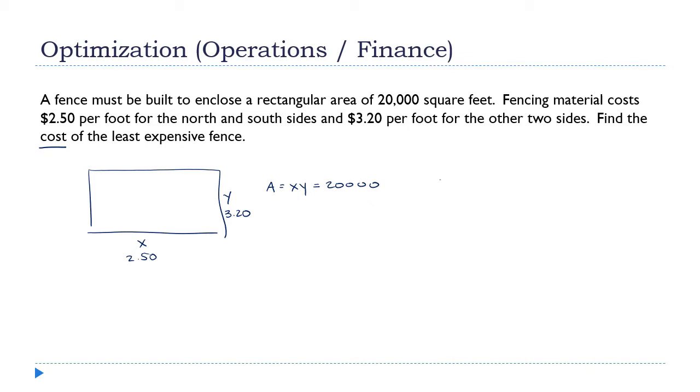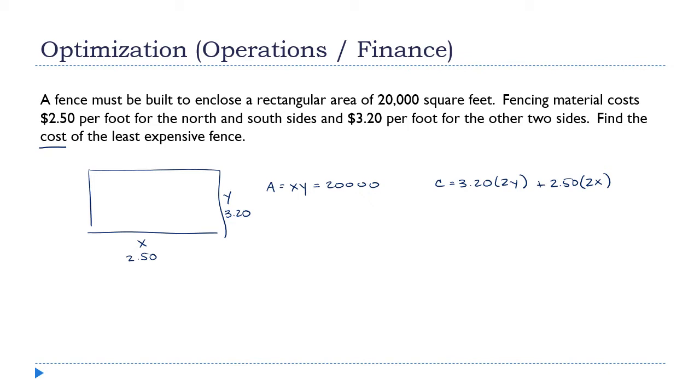Right? The cost is 320 times 2y, because there's going to be two sides with that length, the left and right side, plus 250 times 2x, again, because there are two sides with that particular unit cost.